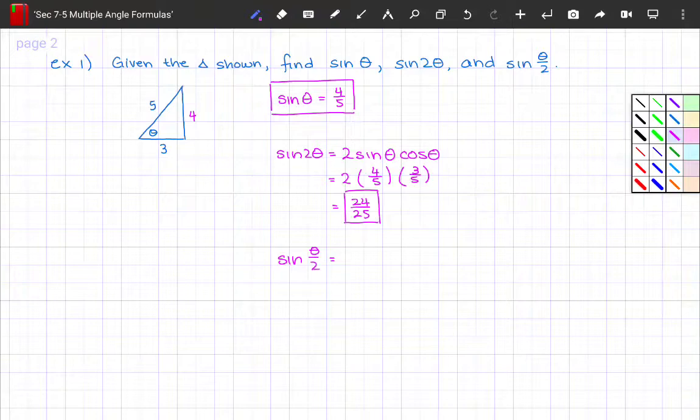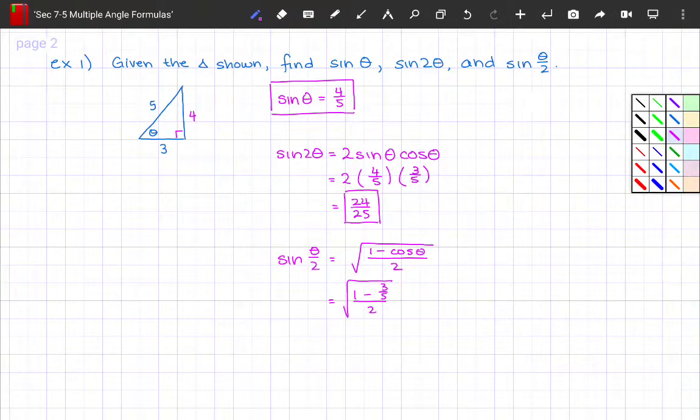And then finally the sine of theta over 2. We're just dealing with a right triangle. So we know, since theta is an acute angle, theta over 2 has to also be acute. Actually, I should have had a right angle there. Otherwise, we really can't do this problem. So we know that the square root's positive, though. And the formula is the square root of 1 minus cosine theta, over 2. And again, cosine of theta is 3/5.